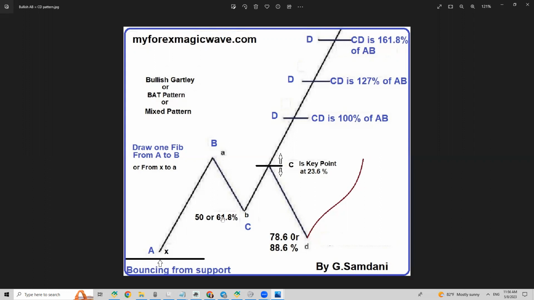Either bad, 50% will make a bat pattern, 61% will make a good Gartley pattern, or if these two are not matching, or mix and match, like 50 to 78 or 61 to 88, then I would say it will be a mixed pattern, and I call it a Berkeley pattern. So this would be the situation here.